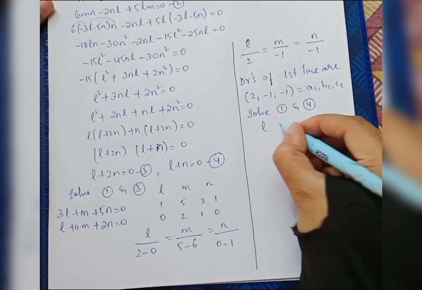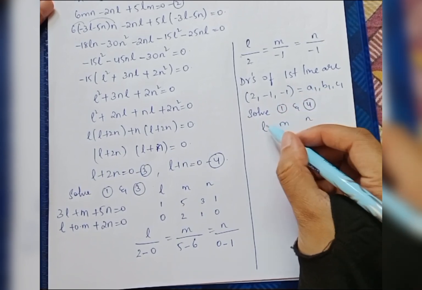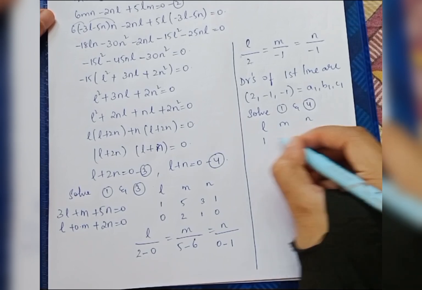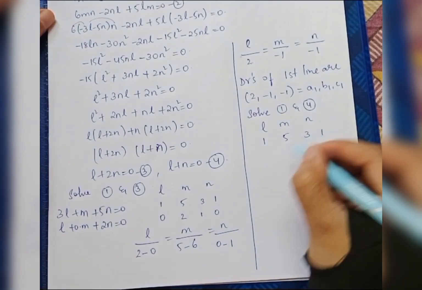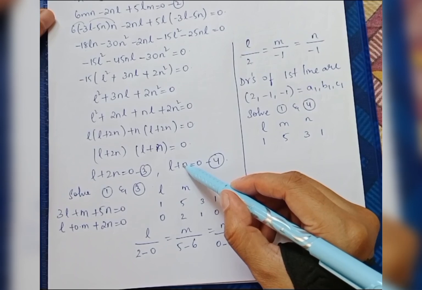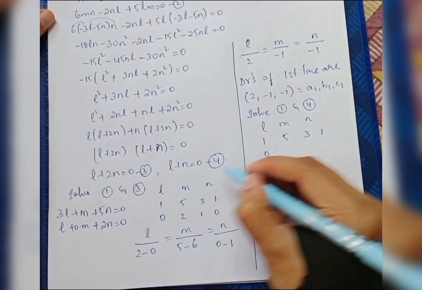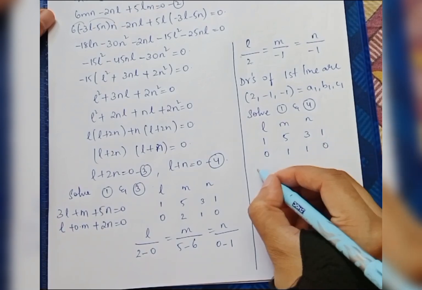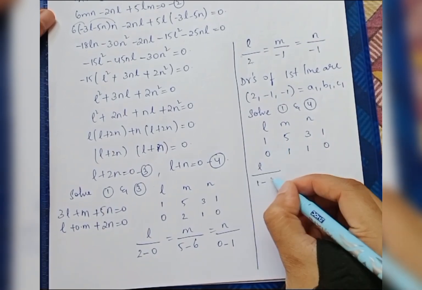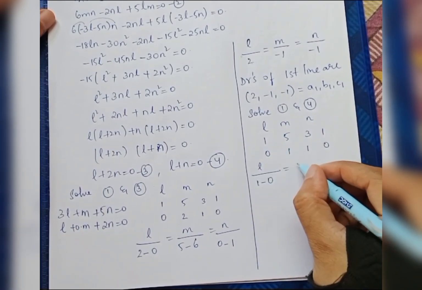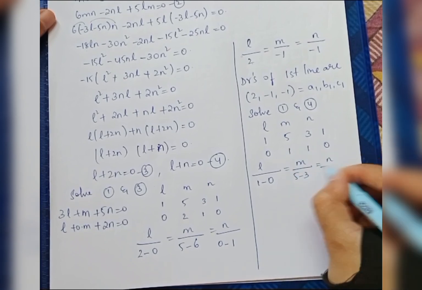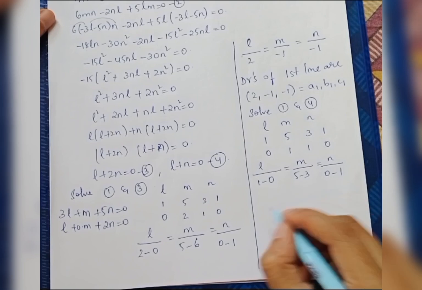So it is l, m, n starting from the middle. For the first equation, it is 1 5 3 1. And in the fourth equation, there is no m term, so the coefficient of m is 0. Next n is 1, l is 1, again 0. So it is l by 1 1s are 1 minus 0 5 is 0, equal to m by 1 5 is 5 minus 1 3 is 3, equal to n by 3 0 is 0 minus 1 1 is 1.